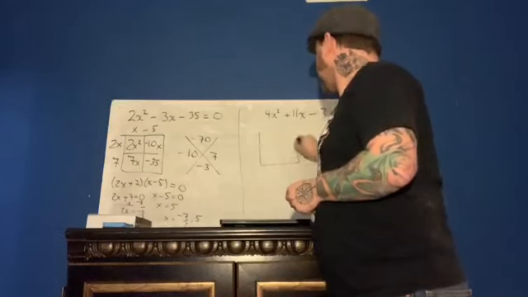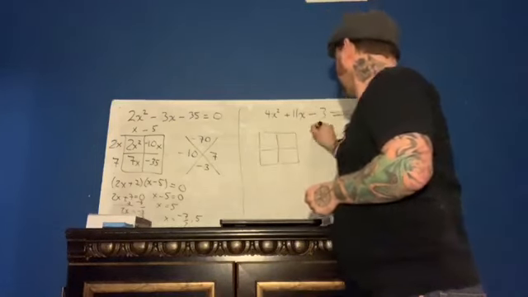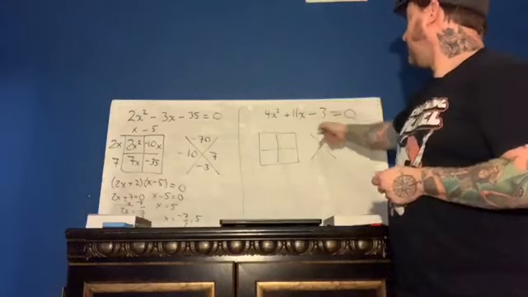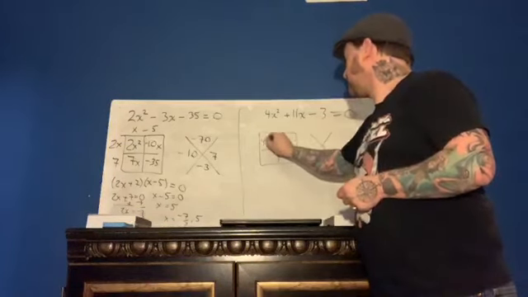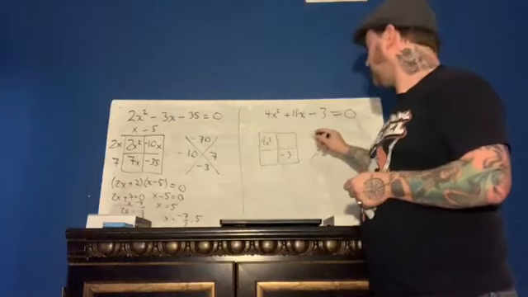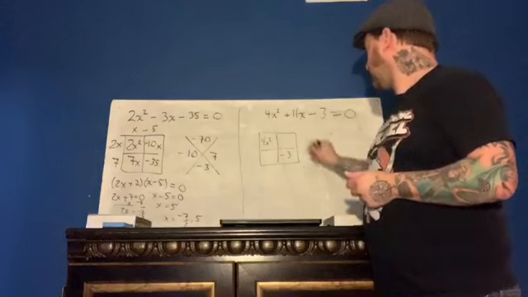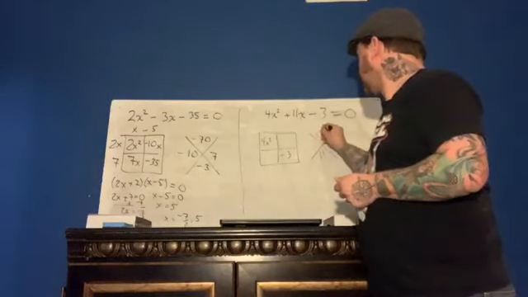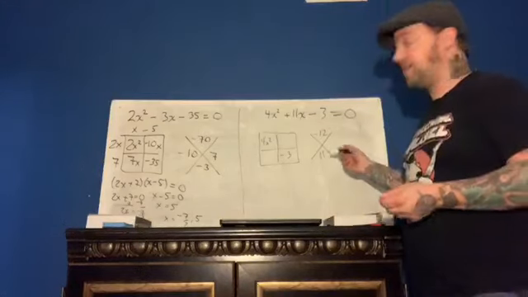Again, box. Diamond. Cool. All right, so 4x squared here, negative 3, plus 11x. Okay, so this is sum of positive 11, product negative 12. Clearly it's going to be 12 and 1.